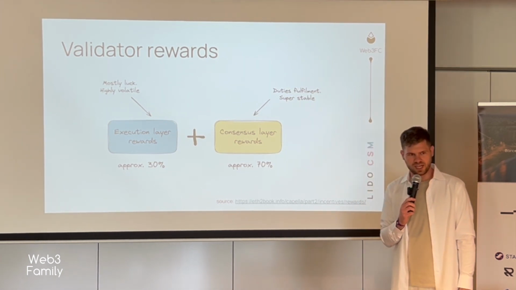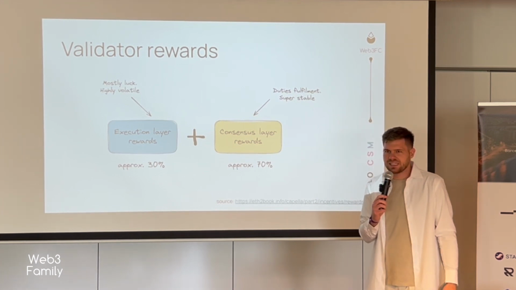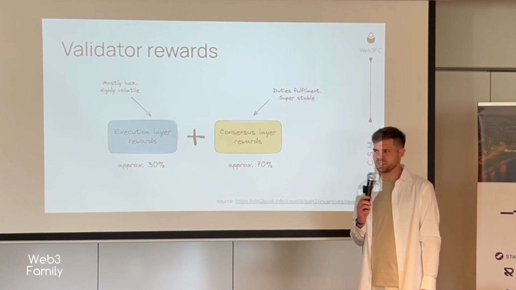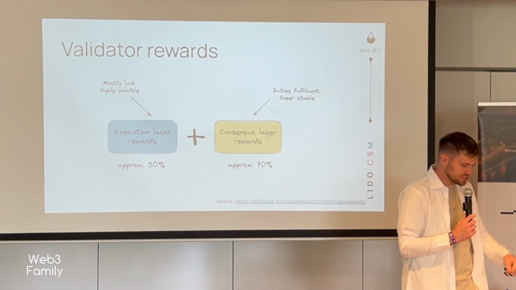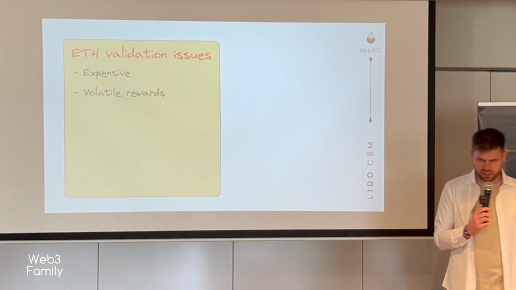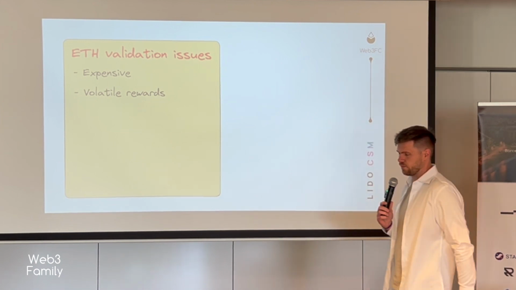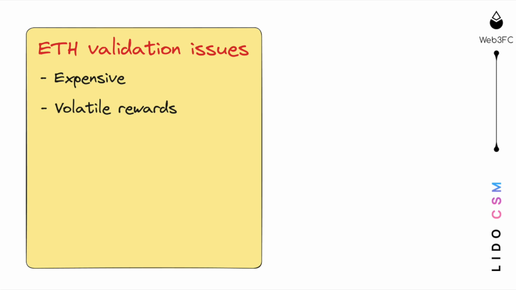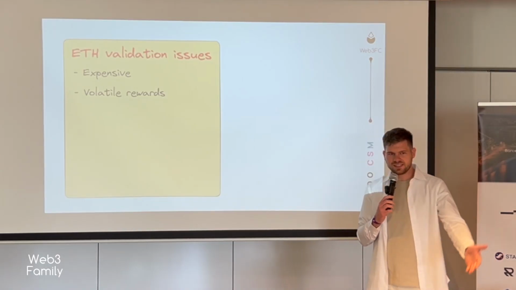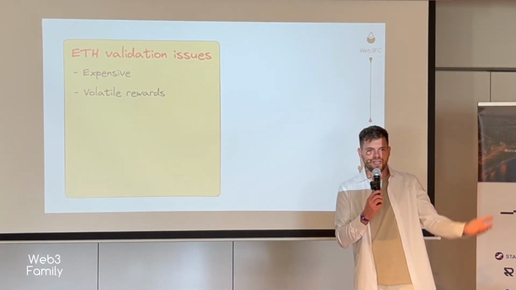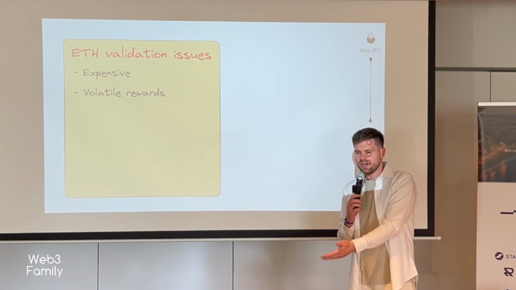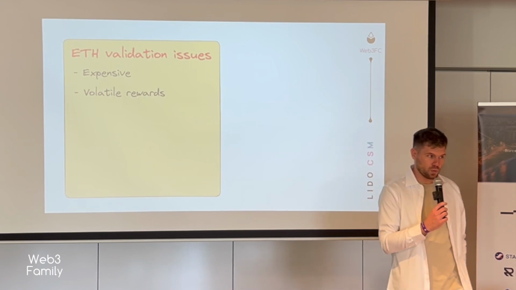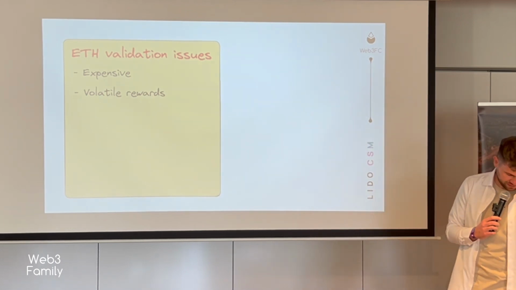But most of the time, you will get as little as 0.001 ETH, and you will be so unhappy. So that brings us to the second problem of Ethereum validation: the volatility of rewards. Even if you and your friend both started running Ethereum validators on the same day, after a year, if you were not lucky enough while your friend was super lucky, the difference in your rewards might be super significant.